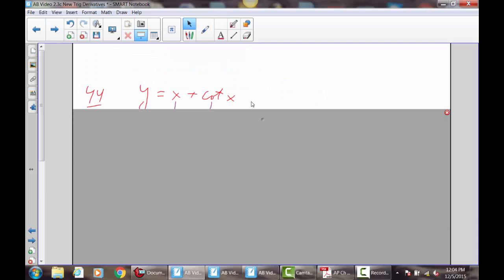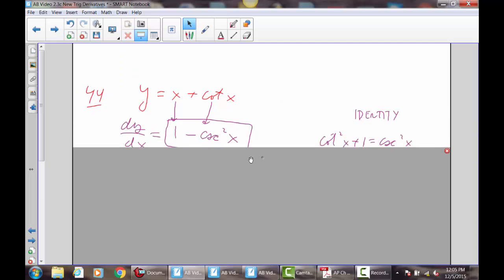So basically, now that you know the new formulas, you're going to be asked to find derivatives. Derivative of x is 1. Derivative of cotan x is negative cosecant squared x. Remember, derivative of co is negative and co. Now, that's a perfectly fine answer, but you can bet that if it's multiple choice, they won't leave it that way. You are supposed to know from Algebra 2 and Pre-Calc that cotan squared x plus 1 equals cosecant squared x.